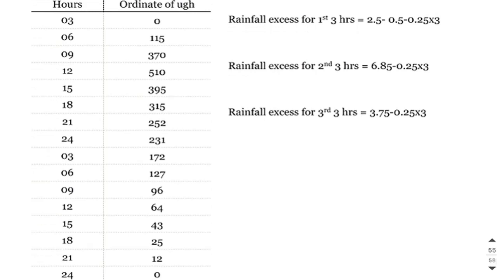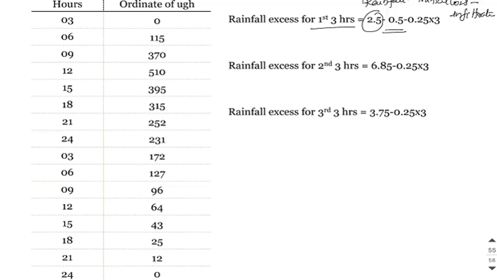First, you have to find the rainfall excess in the first 3 hours. It is given as 2.5 centimeter of rainfall, the first rainfall. So there will be an initial loss. This represents the rainfall minus initial loss minus infiltration.